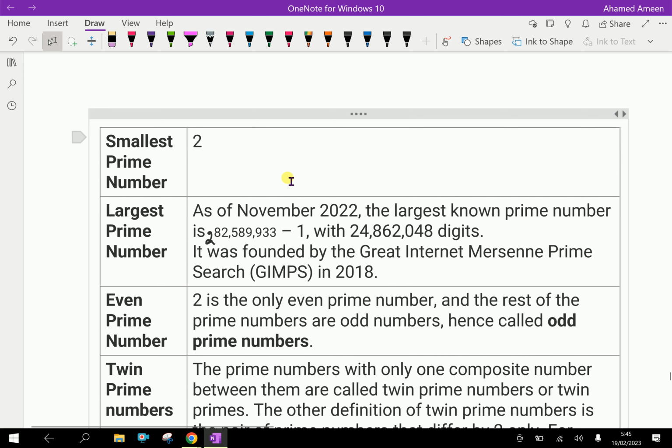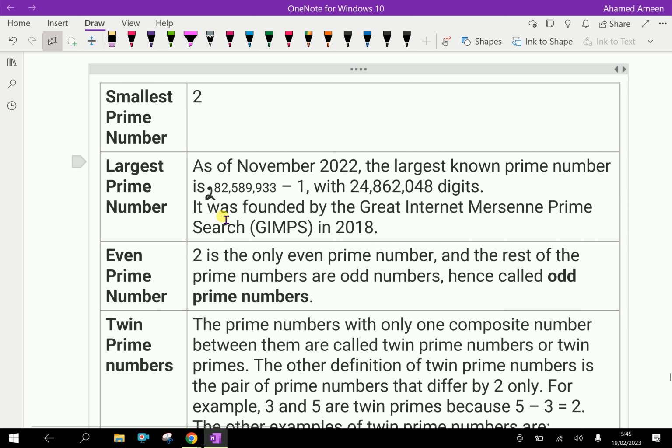Now let us list out some things here. The smallest prime number is 2. As of November 2022, the largest known prime number is 2 power 82589933 minus 1. How many digits is this? Look here: 24862048 digits.